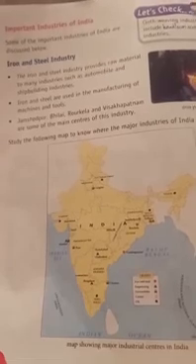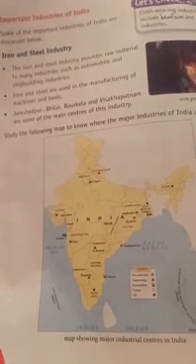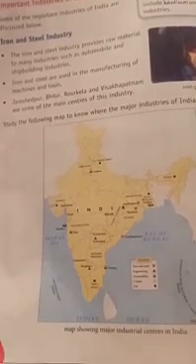So let's see some important industries of India. This iron and steel industry provides raw material to many industries which are needed by the automobile industries and shipbuilding industries, where automobile industries and shipbuilding industries need a lot of iron and steel products in manufacturing heavy machines such as airplanes, ships, cars, and trucks.